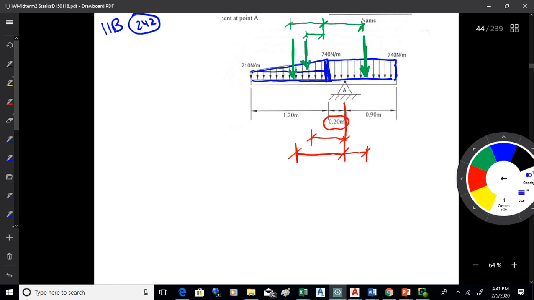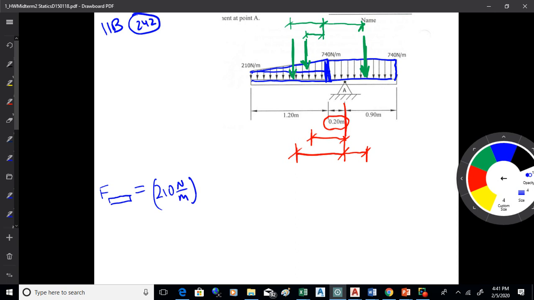All right, so for instance here, let's find the force associated with that long narrow rectangle. That thing is 210 newtons per meter high. So that's the weight you would accumulate, or whatever that load is, per meter.